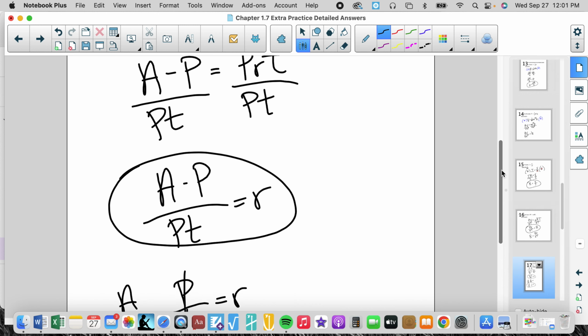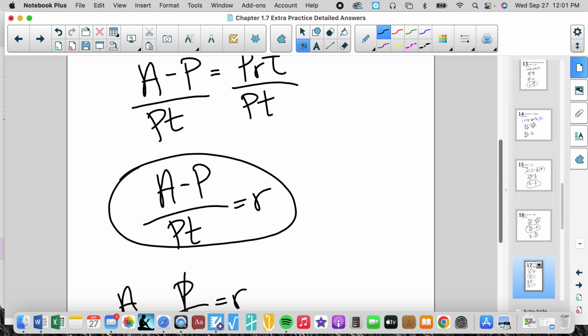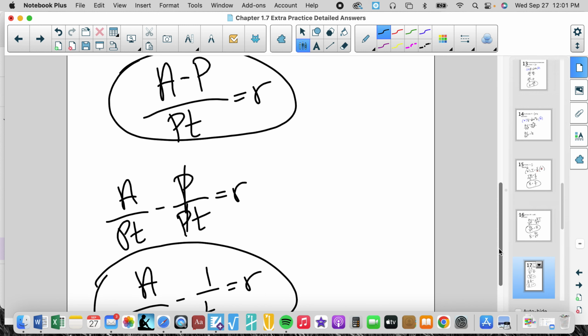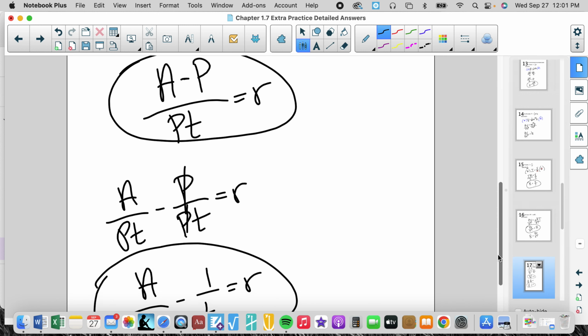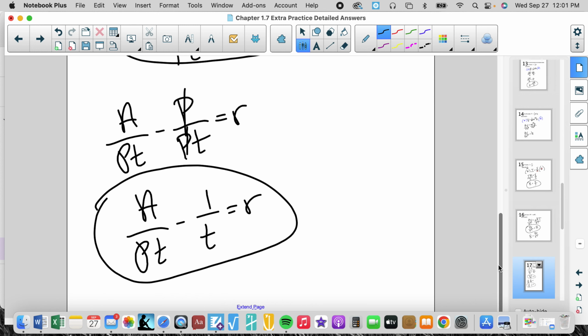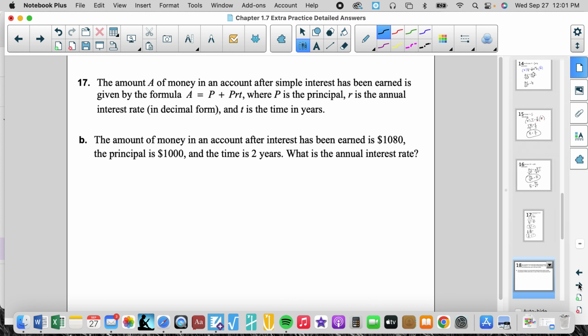You can't cancel the P's right now because they're being added and subtracted. The only time we can cancel something in the numerator and denominator in a fraction is when they're multiplied. So be careful of that. Notice I had to put the PT over the A and then the PT over the negative P, and then I could simplify it because nothing was being added or subtracted in this fraction.